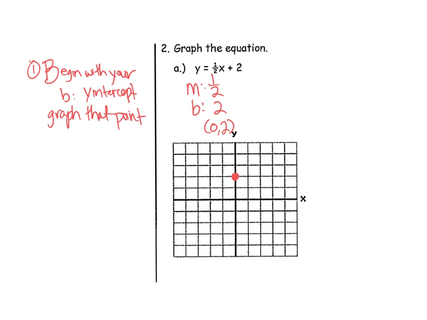So now, step 2, over in the margin. Rise and run, your slope, which is your m. Okay, so we begin at our y-intercept. It's 2. Now I need to rise and run. How many should I rise and how many should I run for A?